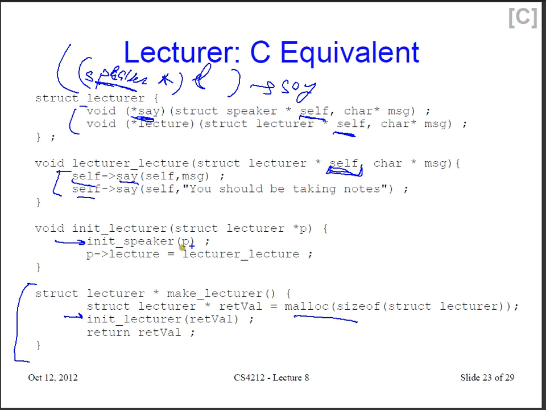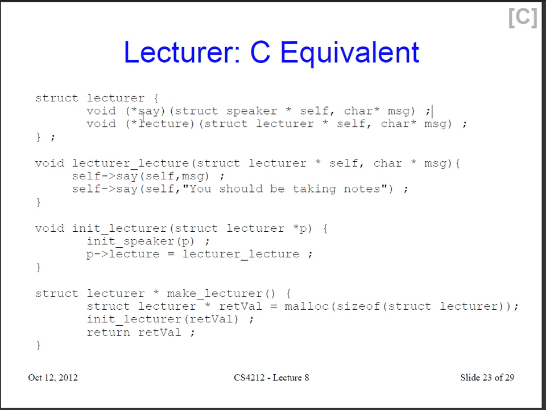And we can put P here without any worry, because this will only initialize the say part, and the offset of the say inside the speaker and the offset of the say inside the lecture are the same, so there's no danger. And once the say field is initialized, then the lecture field can be initialized right here. Okay, so we always take advantage of the constructors of the superclass. We do not initialize those.